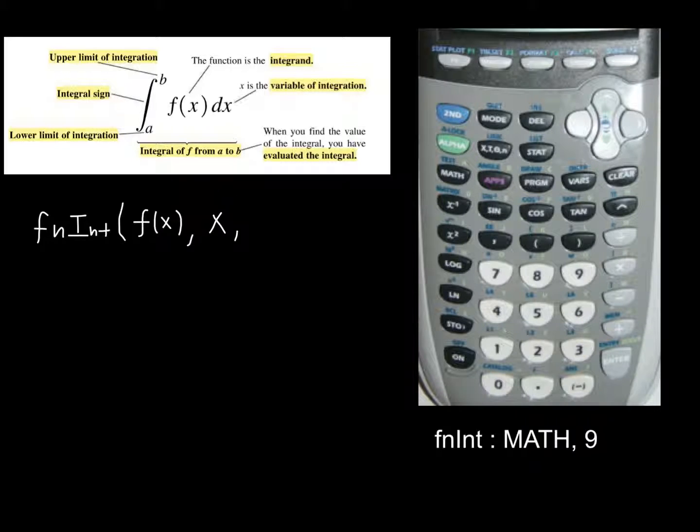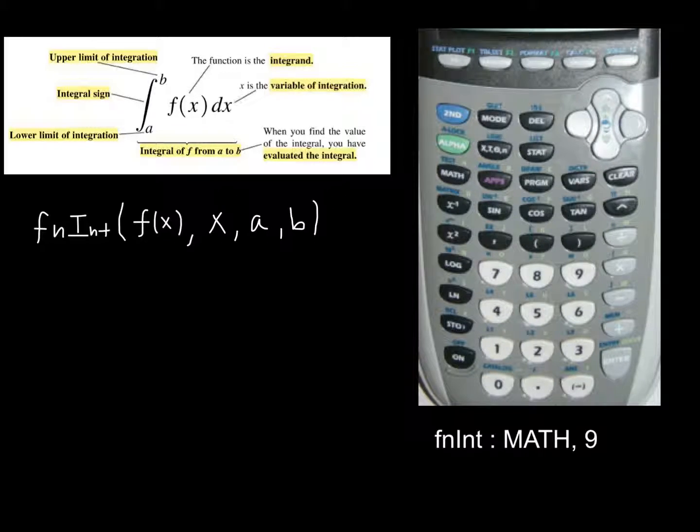Then you're going to tell it the limits of integration. So you're going to start with the lower limit, we'll call that a, whatever that happens to be. That's probably going to be a number, right? And then you're going to need to put a comma, and then the upper limit, b. Okay, so that's the way in which you need to feed the information to your calculator, and you can do this regardless of the integral, and what it will do is actually use a Riemann sum with many subintervals to give you a very accurate approximation.